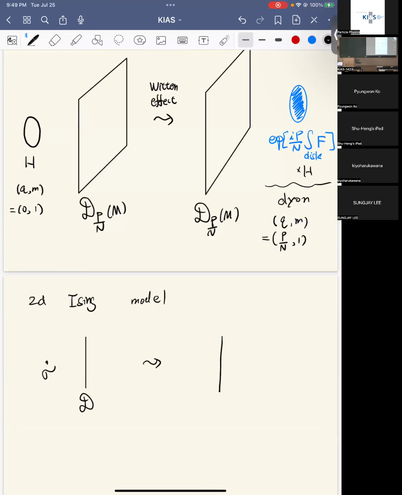And as it goes through the non-invertible defect, it becomes a non-local operator attached to the end of the Z2 line. And that is nothing but a disorder operator. This is a hallmark of non-invertible symmetry. It exchanges order with disorder. It exchanges monopole with dyon.